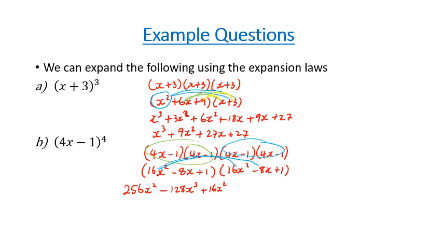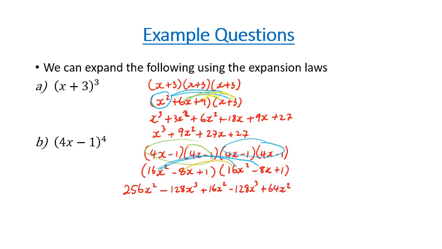So I can do the same. I'll use a different colour here. I've got to go negative 8x times 16x squared. Well, we already know what that is. So that's minus 128x to the power of 3. Then I've got negative 8x times negative 8x, which is positive 64x squared.